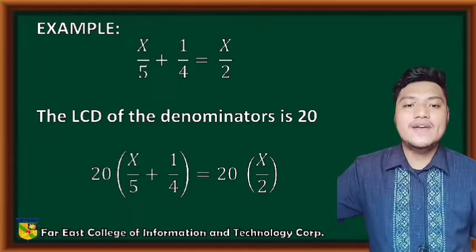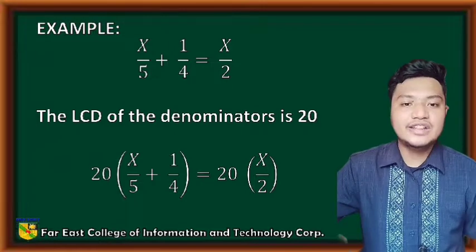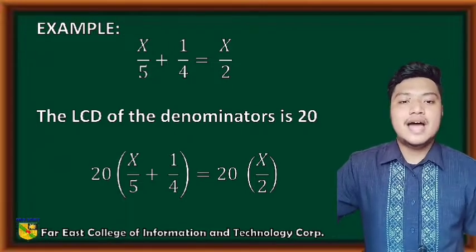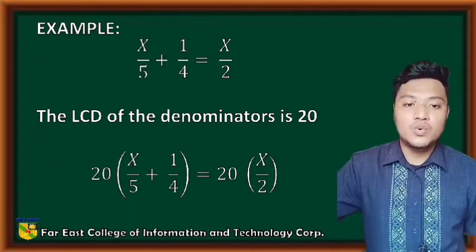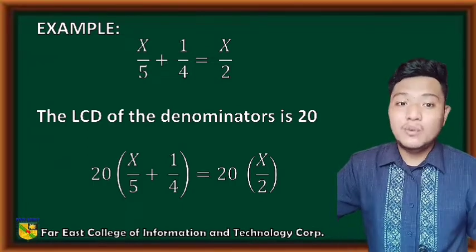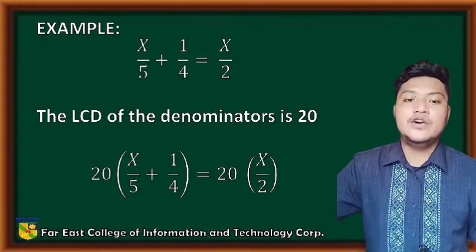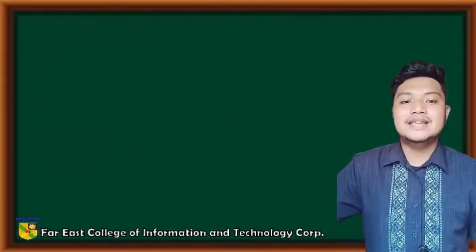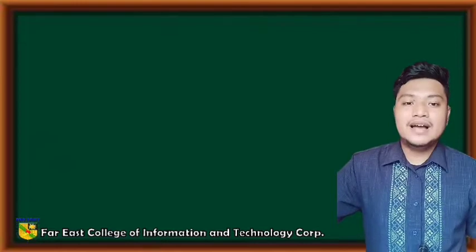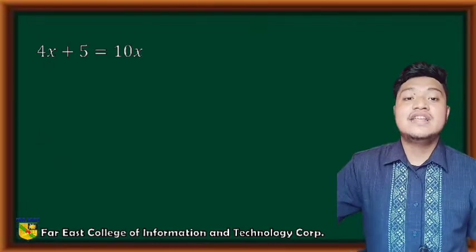So, magiging 20 times x over 5 plus 1/4 is equal to 20 times x over 2. So, in rational equation, yung po mga denominator na original, magka-cancel po sila. So, magiging answer nila dyan is 4x plus 5 over 10x.